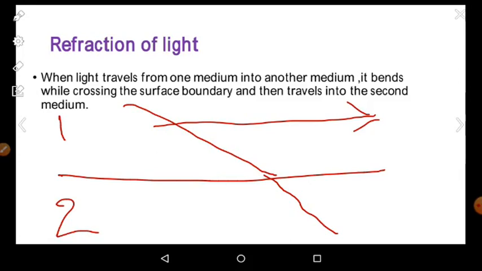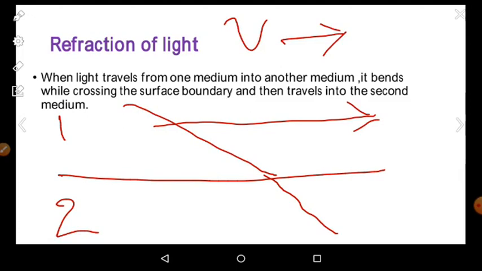What causes this change? Why is the path of the light slightly changed after passing through the second medium? This is due to the change in velocity. Velocity of the light changes with medium, so it changes with the material of propagation through which it is transmitting.